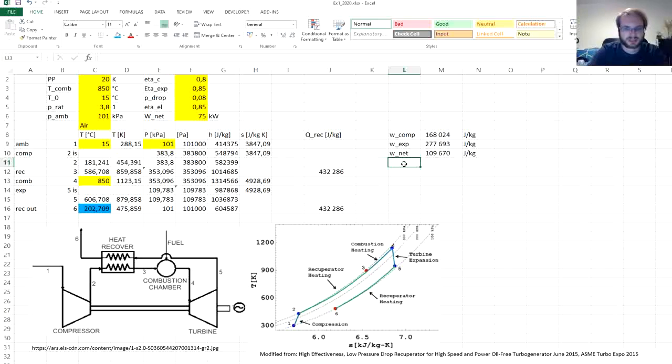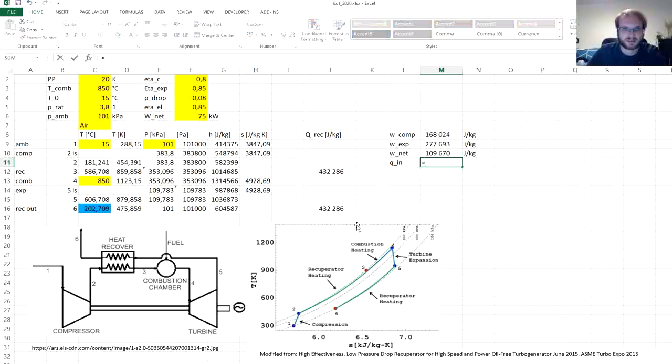Now what is the heat input into the system? The heat input is this part called combustion heating between points 4 and 3. So difference in enthalpy is H4 minus H3.